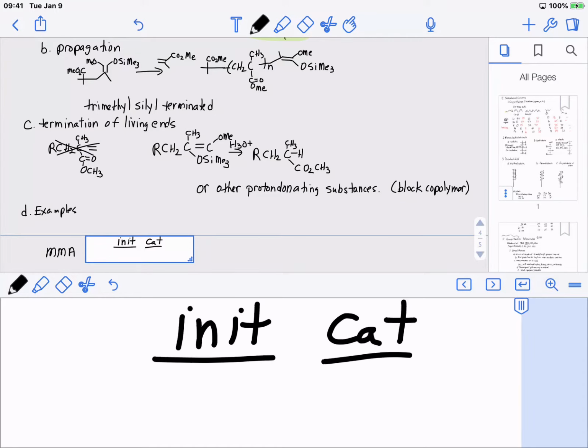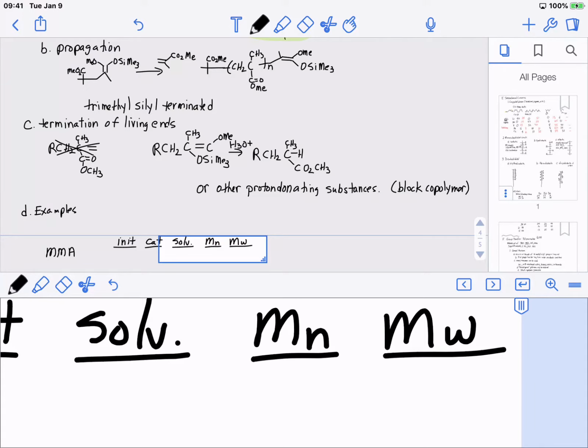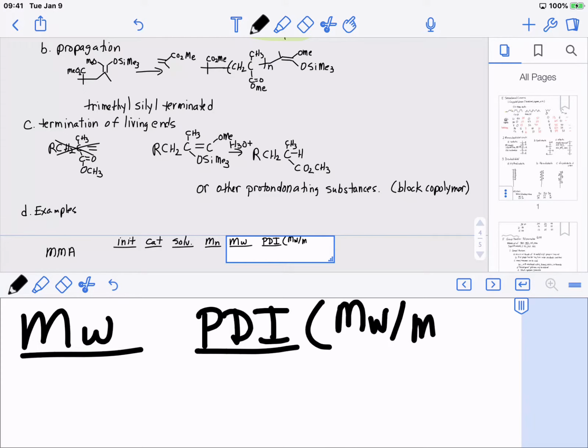catalyst, solvents, Mn and Mw, which we'll talk about later. And then we'll call this the polydispersity index, which is just the ratio of Mw to Mn. We'll do that later.